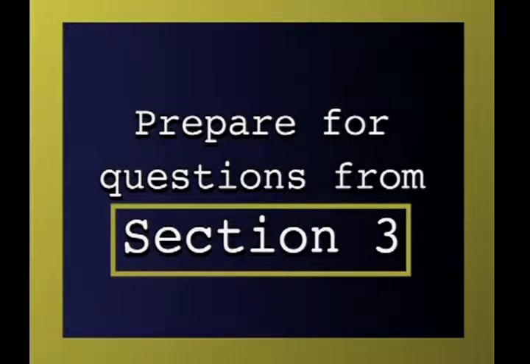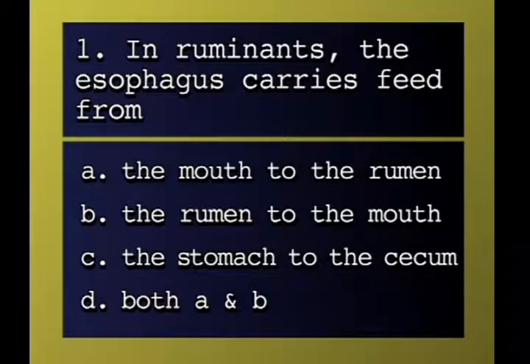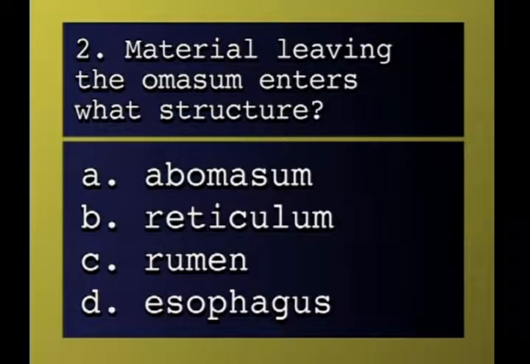Prepare for questions from Section 3. In ruminants, the esophagus carries feed from A, the mouth to the rumen, B, the rumen to the mouth, C, the stomach to the cecum, D, both A and B. Material leaving the omasum enters into what structure?